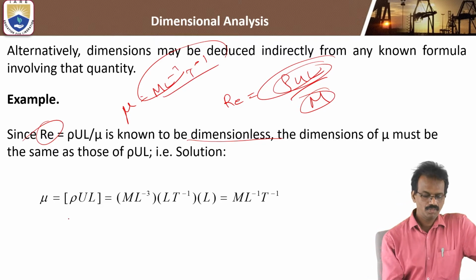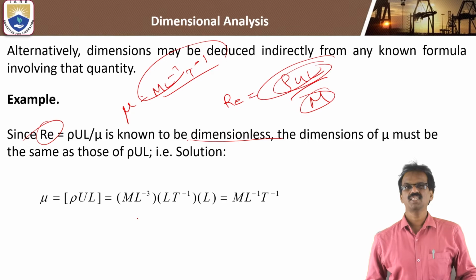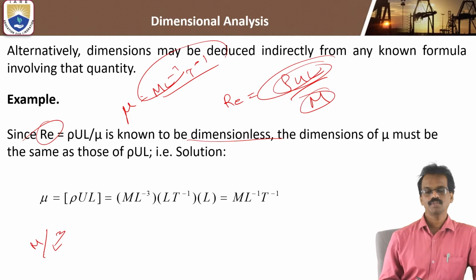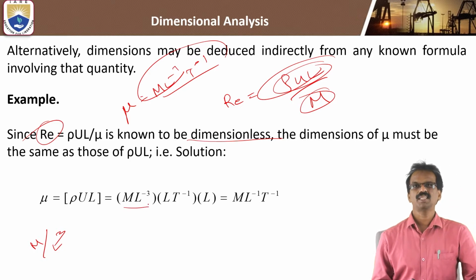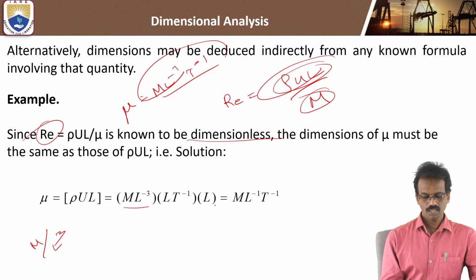Okay. So here we can see rho u l. Rho is the density, mass upon volume. So mass into L minus 3. Okay. So mass upon volume, volume is L cube, then M L minus 3. Into velocity. Velocity is the distance per time, L T minus 1, into L length.